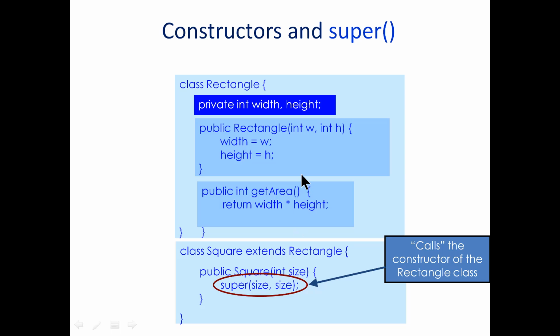I'm passing the parameter int size in this Square, and I'm passing it for both, because you can understand a square has the same height and width. So I'm passing the same size parameter by just calling super. It's calling the constructor of the superclass. All right, so see how it is happening. It's calling the constructor of the superclass.